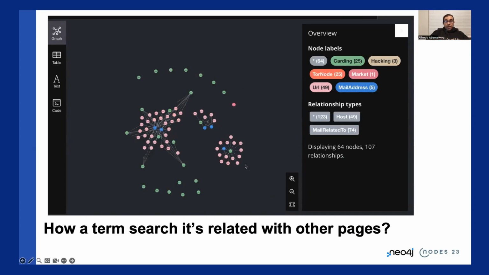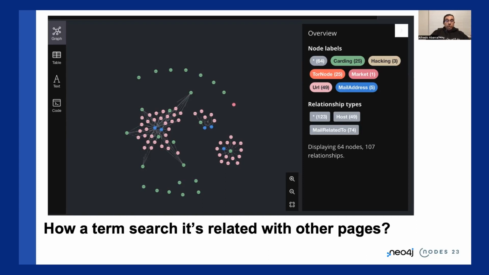Other useful queries for us: okay, how is a certain search term being related to other pages, right? Because in my experience with the financial sector, I normally look for cards, I normally look for identity theft, I normally look for BIN numbers, credit card numbers, bank institutions, bank names, right?